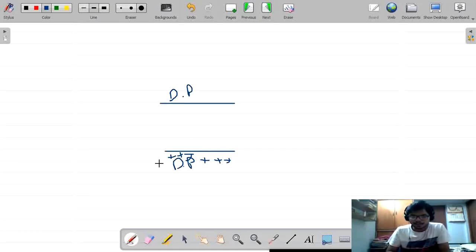For the bottom plate we have given positive supply, and for the top plate we have given negative supply. Now what will happen? The electric field will travel from bottom to top, that is from positive to negative. In this manner our electric field will travel from bottom to top.